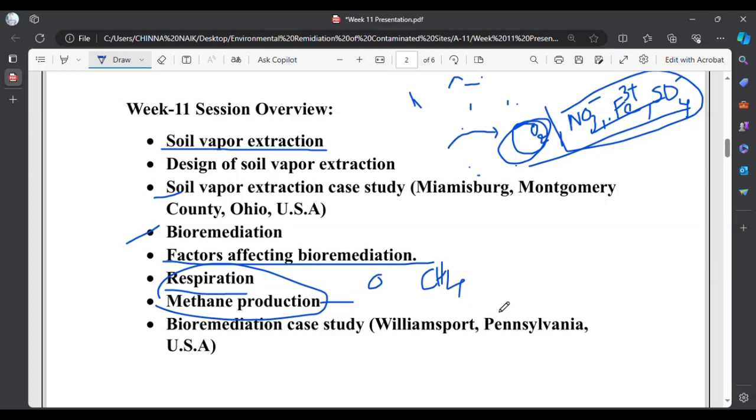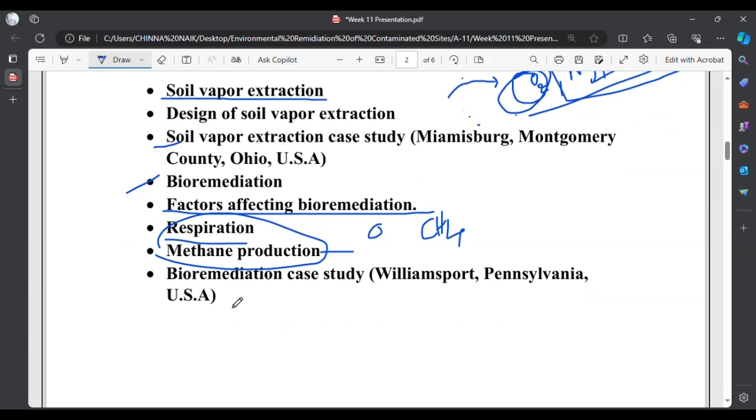In most cases, to produce methane we add molasses. Molasses is added to the bioremediation process because it acts as an electron donor.